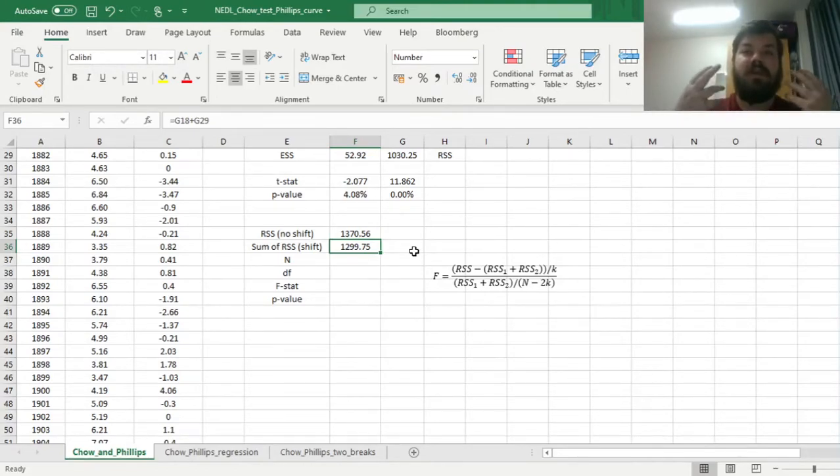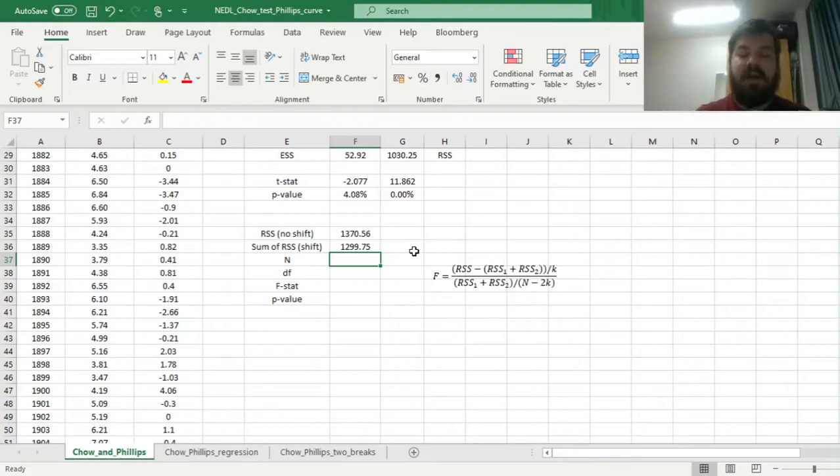What the Chow structural break test allows us to tell is whether this reduction in unexplained variance, and by extension the increase in explained variance, in the explanatory power of the model, is statistically significant, is high enough for you to warrant this model estimation on subsamples. And by extension, in application to the Phillips curve, it would allow us to tell whether the Phillips curve law for the UK changed when it went off the gold standard.